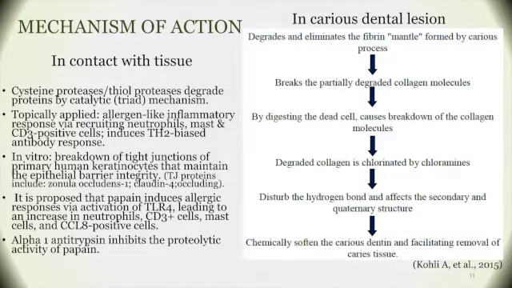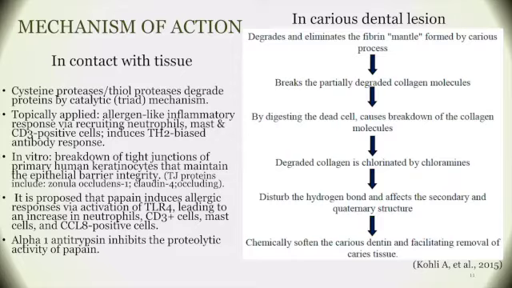Mechanism of action has not been fully understood yet, but what we know is that papain is a cysteine protease and it degrades proteins by a catalytic triad mechanism. In healthy tissue we have alpha-1 antitrypsin, which inhibits the proteolytic activity of papain enzyme. So this is important in clinical relevance because that makes papain-containing products self-limiting.